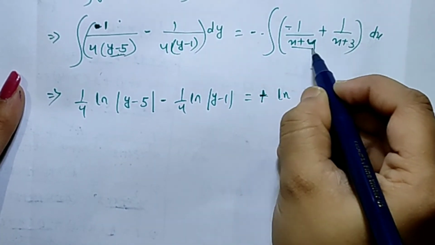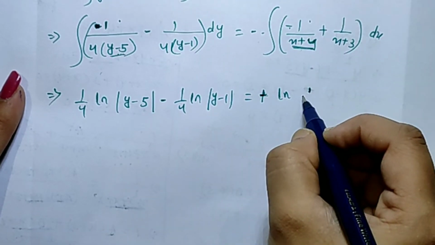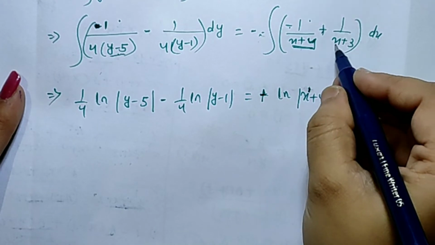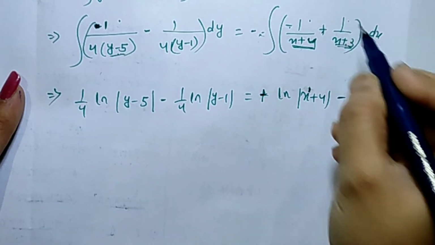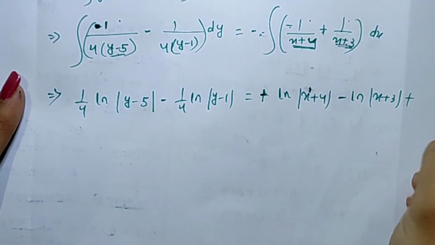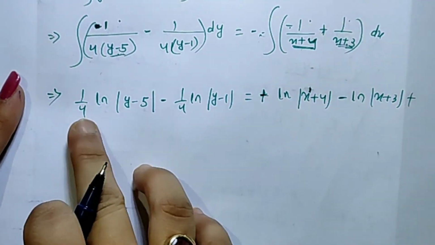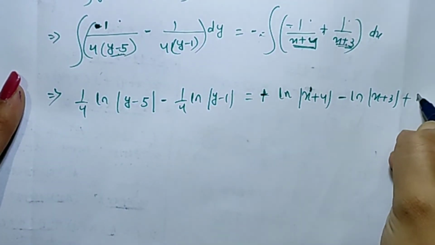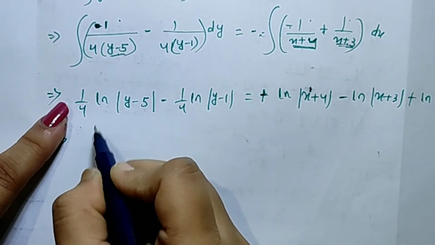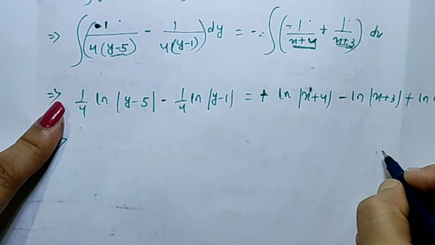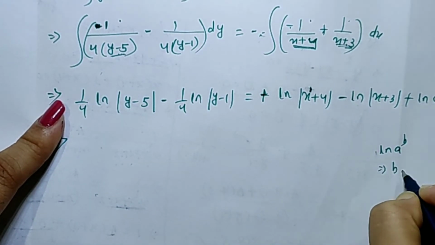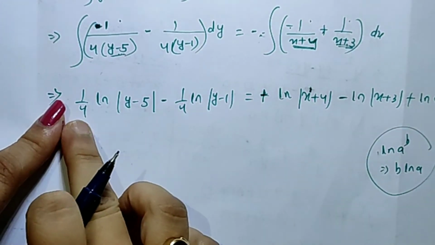So this x plus 4 derivative is in numerator, so ln x plus 4 plus, minus, x plus 3 derivative is 1, which is in the numerator, so ln x plus 3 plus, I can write c, but every term has ln, so I can also write ln c, which implies, now this will be, and in the previous lesson I have told you, ln a power b will be b ln a. So this is b ln a.